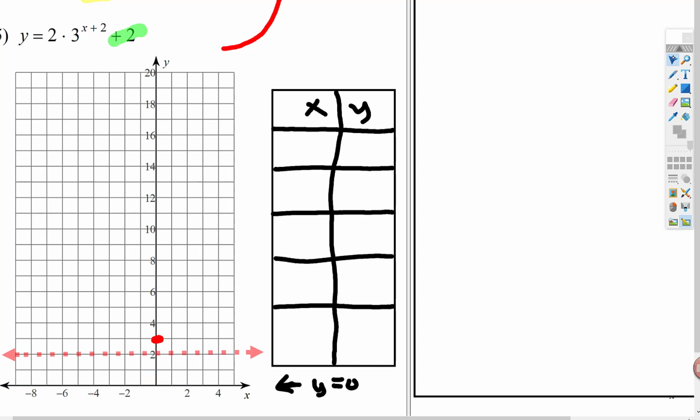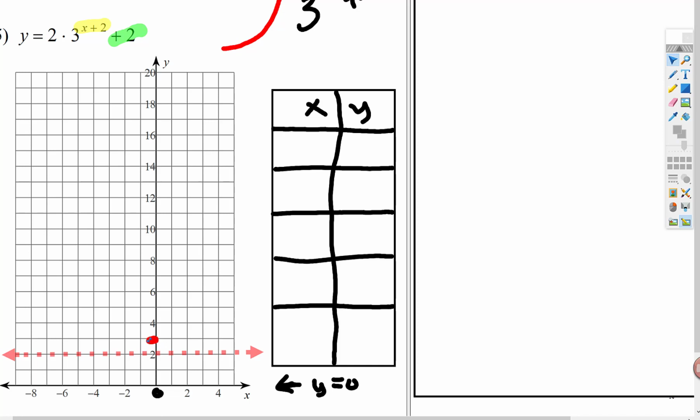All right? The next place to draw your eye is, notice we're starting right here where the x's are 0. Well, just like on polynomial graphs, whatever zeroes out, so notice how that says 3 to the x plus 2. Whatever zeroes out the x plus 2, well, that would be negative 2.